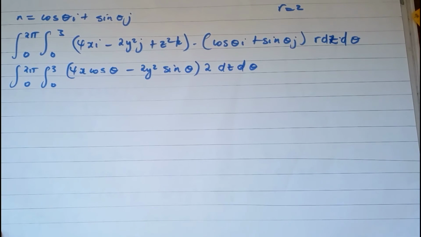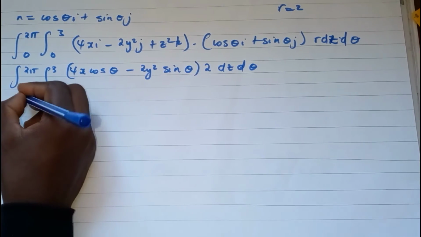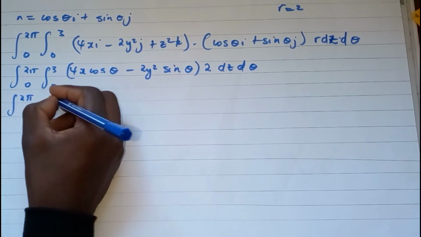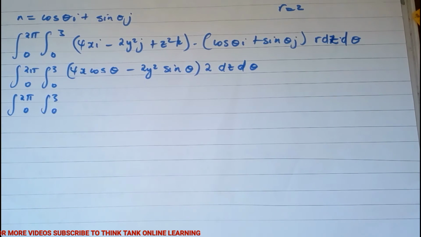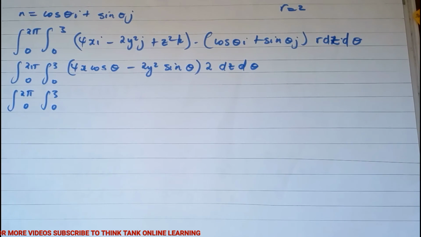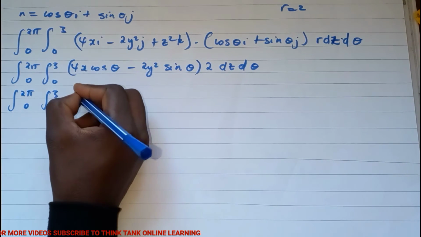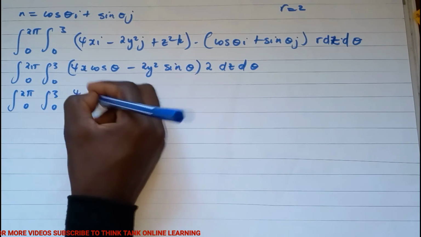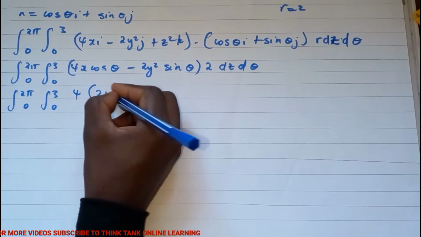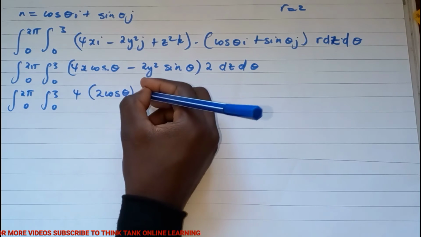Let's simplify here. We know that x in cylindrical coordinates is equal to r cos theta, so for x, r is 2 cos theta, times this cos theta.